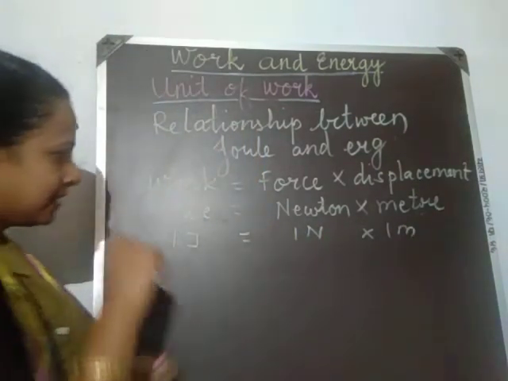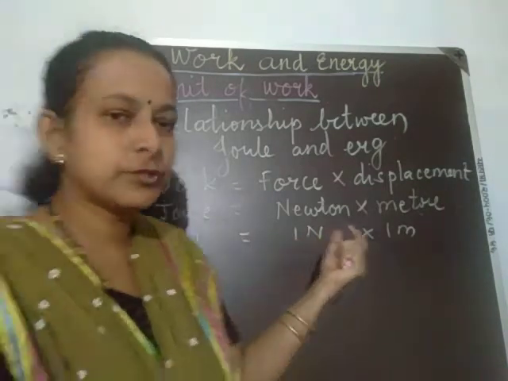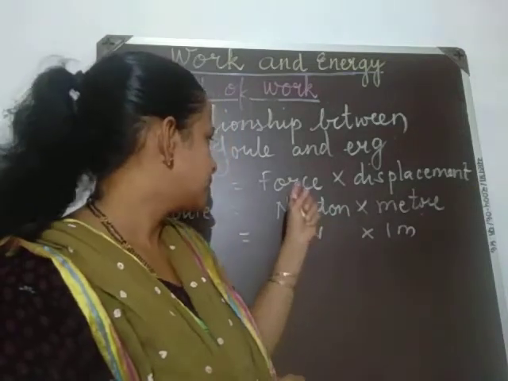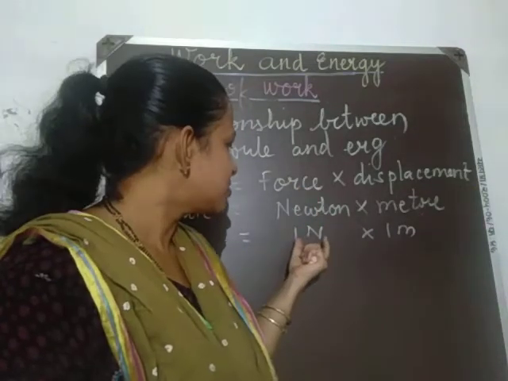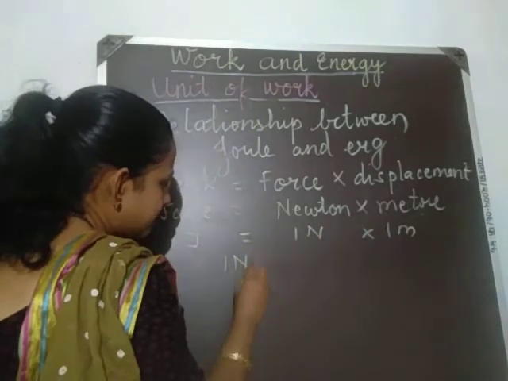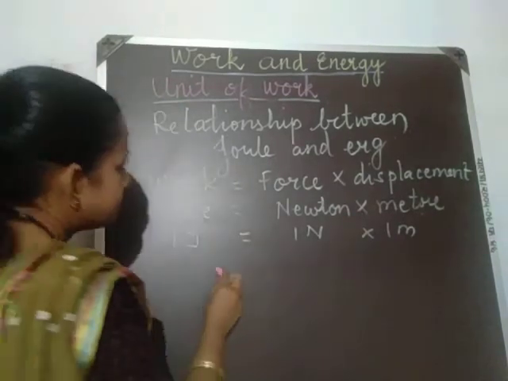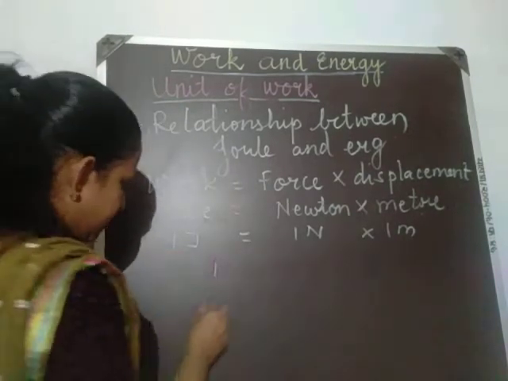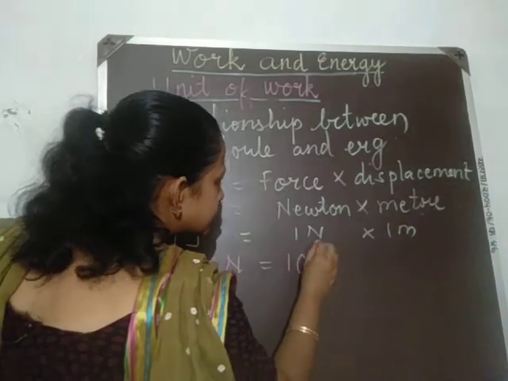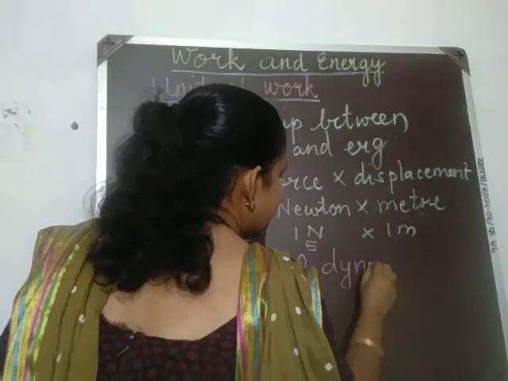Fine. But we know in CGS system force is dyne. But how much is 1 Newton in terms of dyne? 1 Newton is equal to 1 lakh dynes, or also equal to 10 raised to 5 dynes.